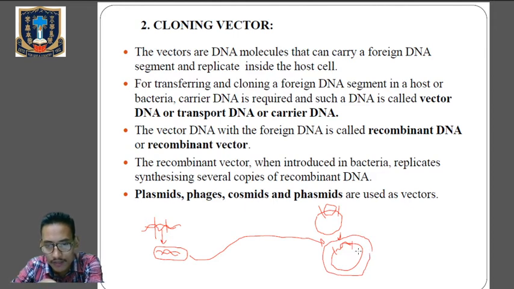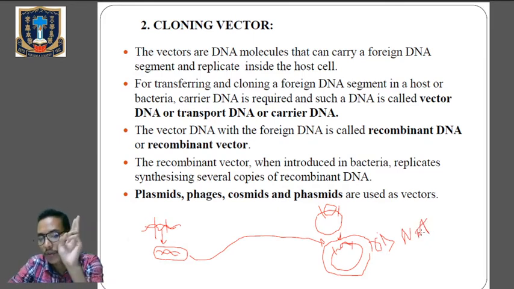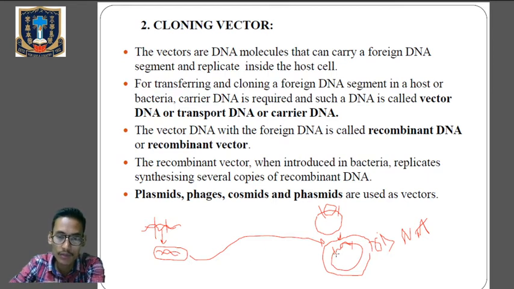Because it contains DNA from the foreign source and has its own DNA. So this type of DNA is called recombinant DNA, or rDNA, because it has DNA from two sources. One, its own DNA, and second, DNA from the foreign one. So this type of DNA is called recombinant DNA or the recombinant vector.